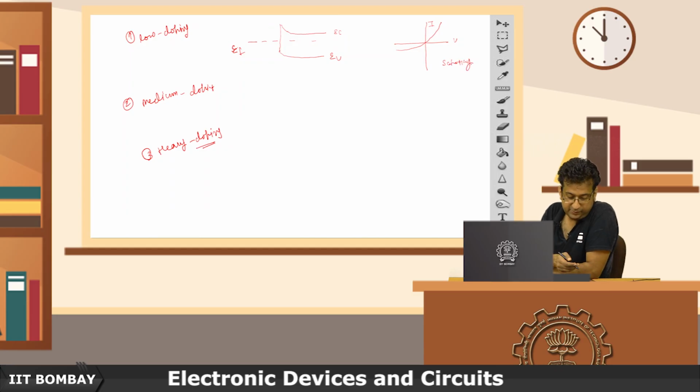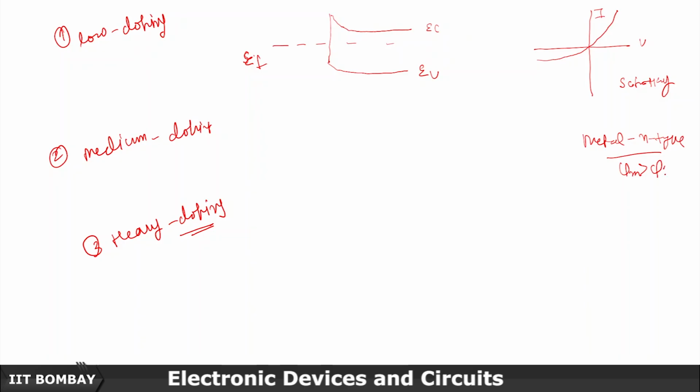Now if we increase the doping, assuming this is a case of metal to n-type and phi m is greater than phi s, what we will get, if I just try to draw on the same scale, is that this width has gone down, right? This width has gone down.